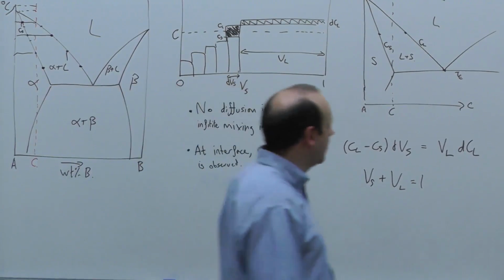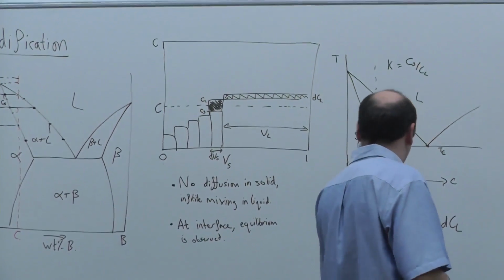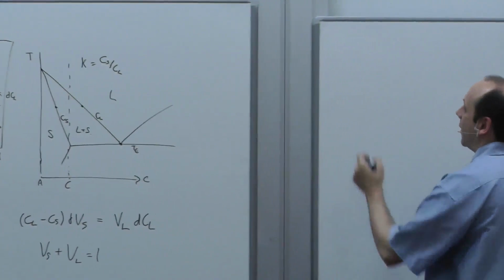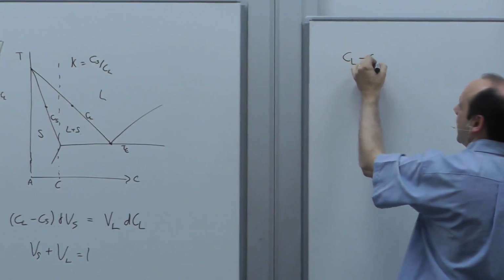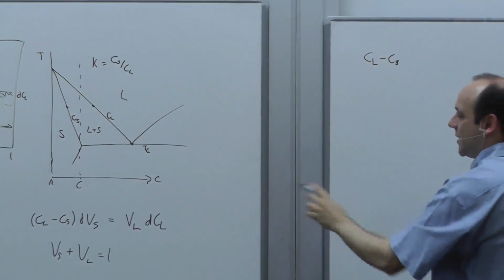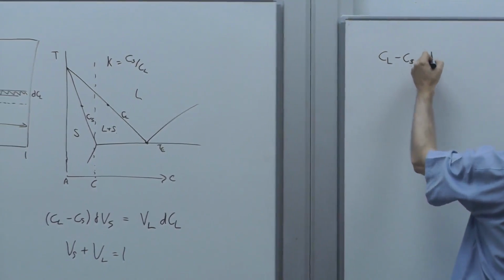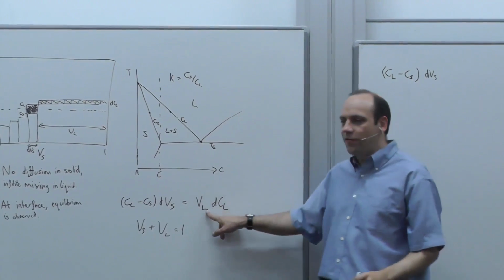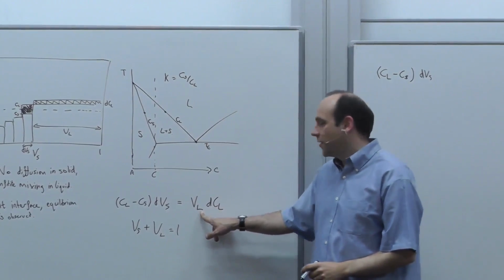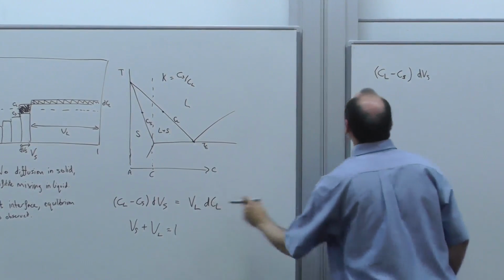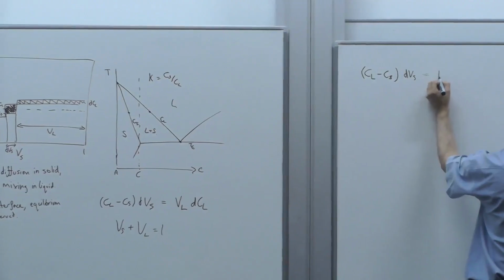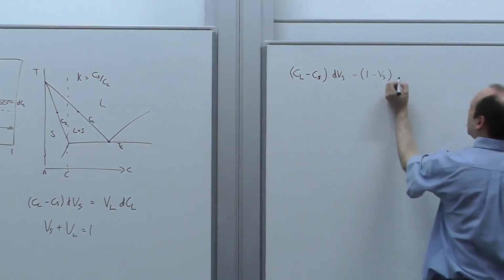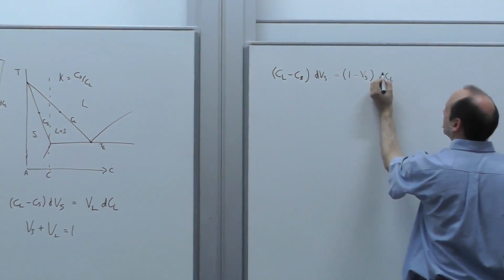So if I come over here, then if I substitute into there, I've got Cl minus Cs times dVs, and then I'm going to substitute for volume fraction liquid in there. So I'm going to say that that's equal to 1 minus Vs times dCl.